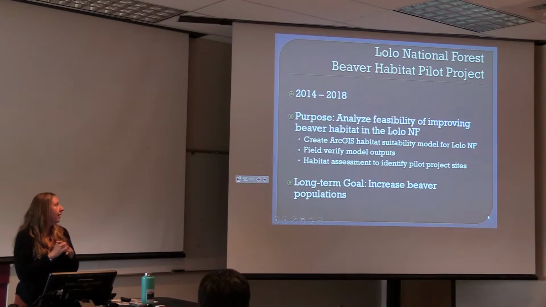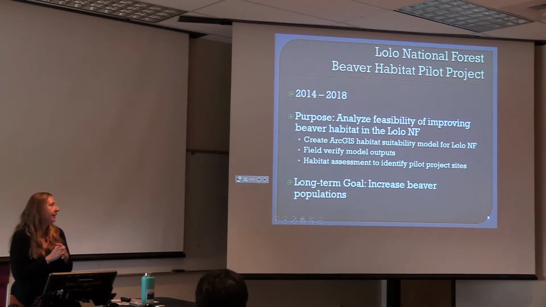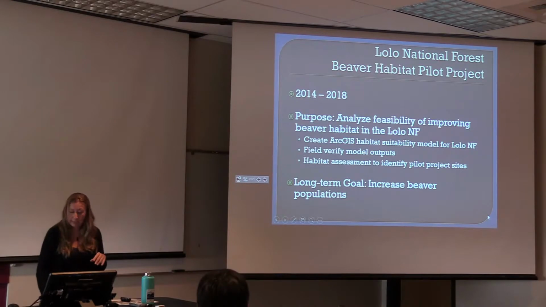From there, we went out this year and field verified the outputs from the model and did a habitat assessment to identify some potential future restoration sites. But the overall long-term goal of this project is to increase the beaver populations in the area.